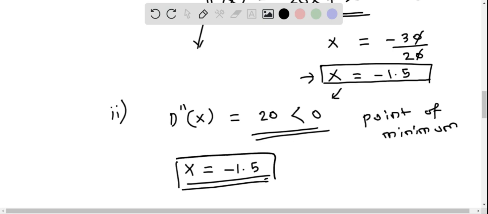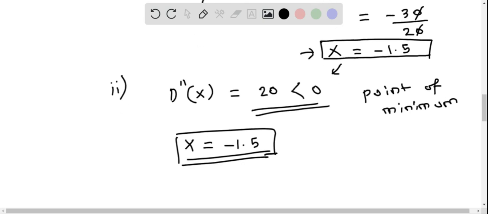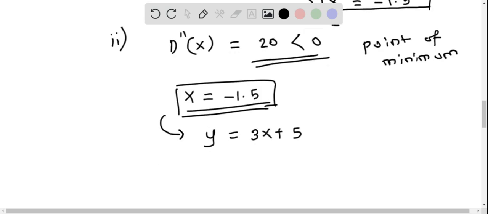Now to find the coordinate of the point on the line which is closest to the origin, all we have to do is substitute this value of x into our line equation, that is y equals 3x plus 5. So we plug in this value of x so that we get the exact coordinate on the line. When I plug in x equal to minus 1.5, I get 3 times minus 1.5 plus 5, which is minus 4.5 plus 5.